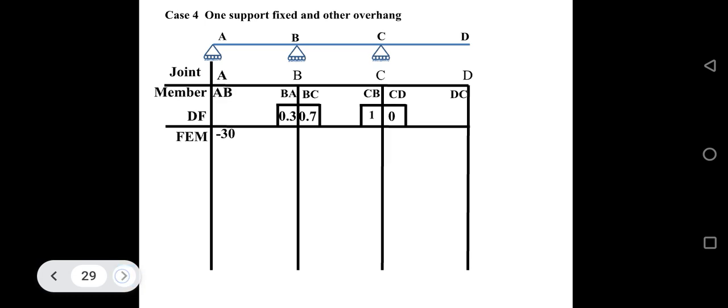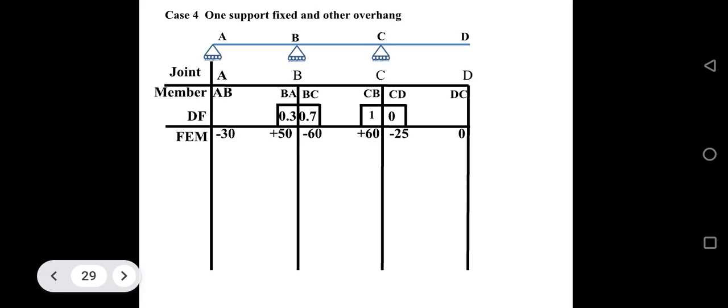Now let us assume some values of the fixed moments. Here these values of the fixed moments I have assumed arbitrarily, because the intention is to give you an idea of how to deal with the moment distribution table. Now, my question is, what will you do? Will there be any step to release?